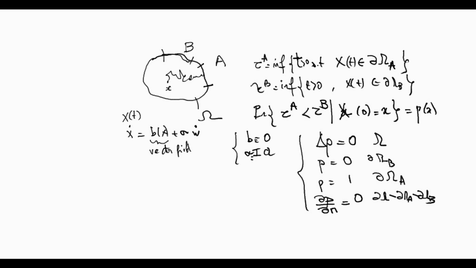Right. So now what we'll be interested in is to actually build a process and find the associated stochastic equation for a process that will only escape in A and never in B. So for this, we would like to start with the probability distribution of such a process.